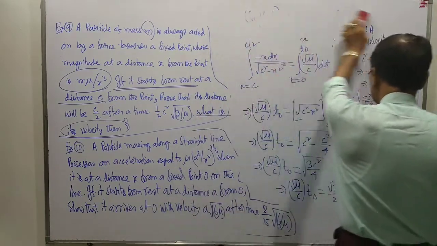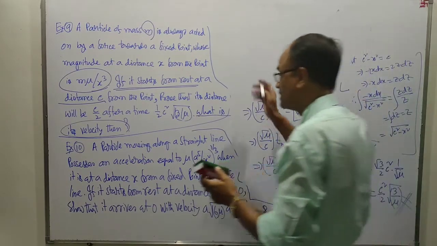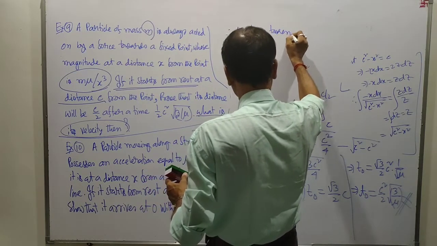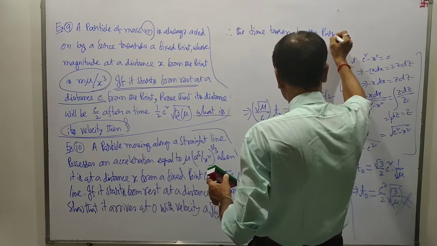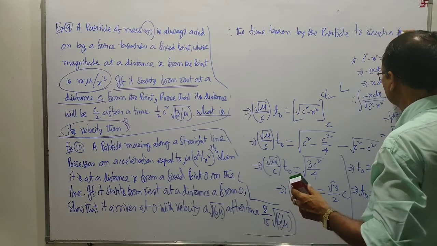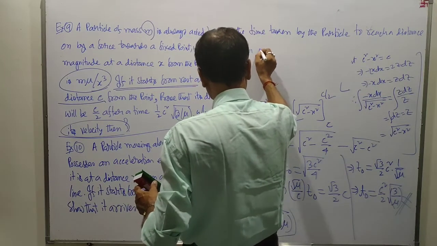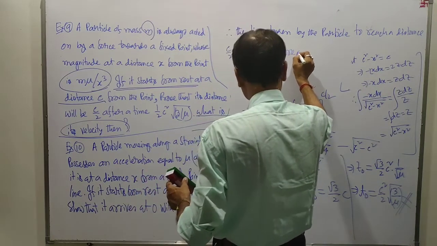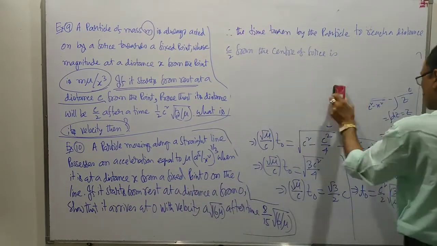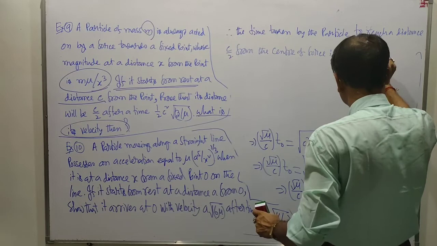Therefore the time taken by the particle to reach a distance c by 2 from the center of force is half of c square root over 3 divided by mu.